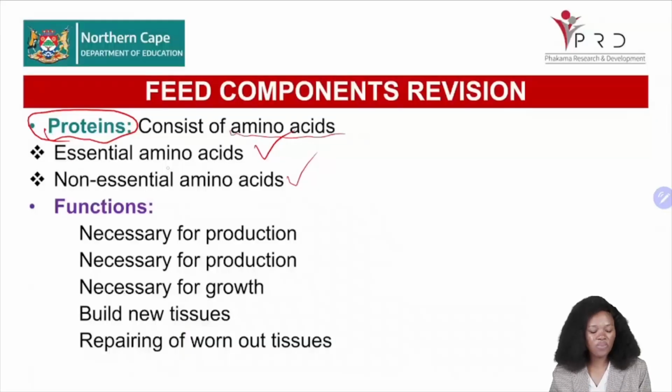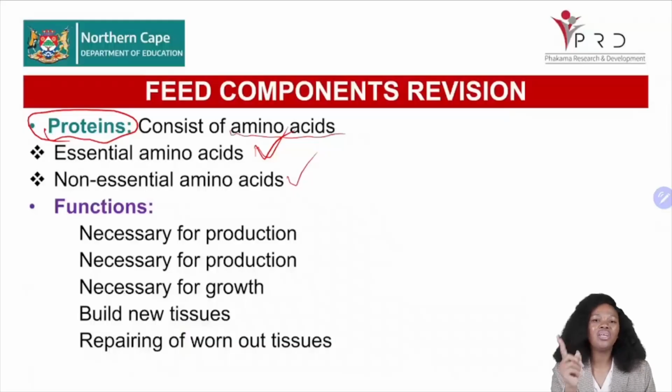Now, there is a difference between these two amino acids. Essential amino acids are consumed. For animals to obtain these amino acids, they need to be consumed through the food. They are not synthesized, especially by non-ruminants.